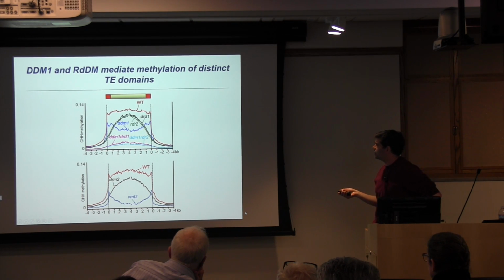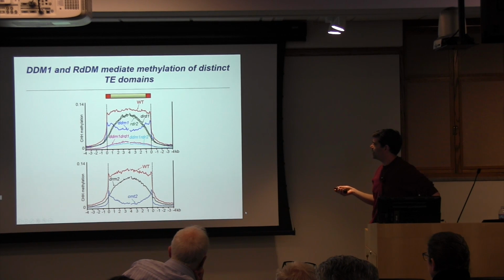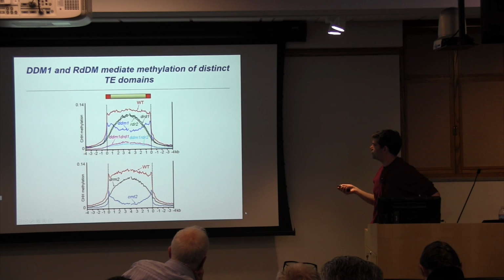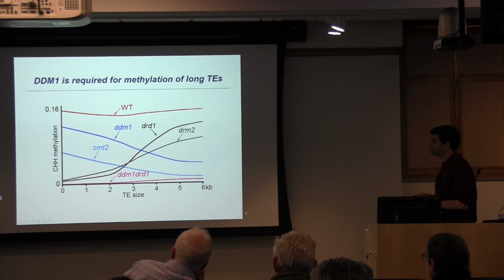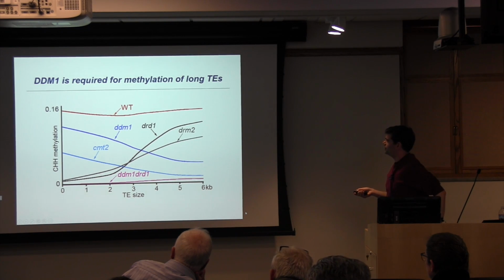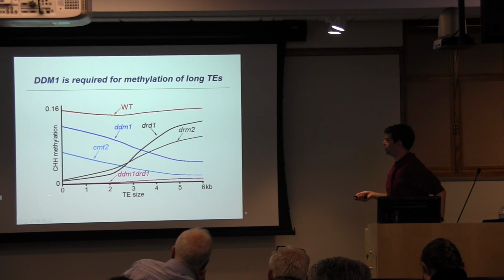These different shapes actually tell you about the kinds of transposons that are being methylated. In RDDM mutants, it's the smaller transposons at the edges that are losing methylation. And in CMT2 and in DDM1, it's mostly the larger transposons in the middle. This is a more formal analysis of this, where we're averaging methylation with respect to the size of transposons.